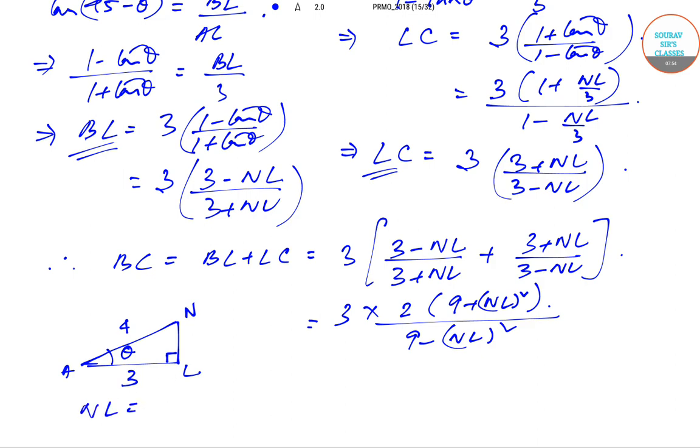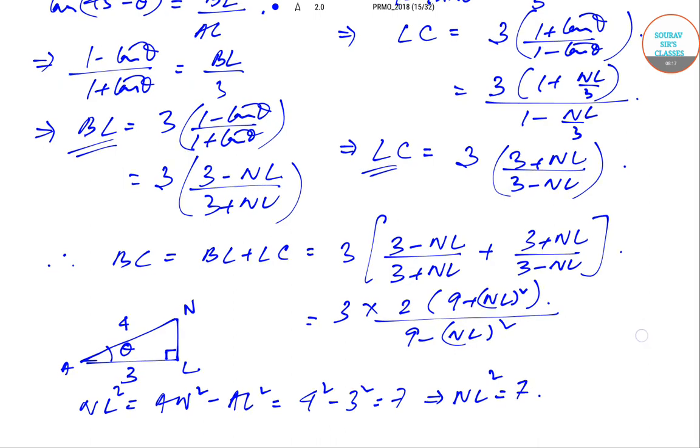NL square is basically equal to AN square minus AL square, so AN is 4 square and AL is 3 square. We have 16 minus 9, we have 7. That implies NL square is equal to 7.